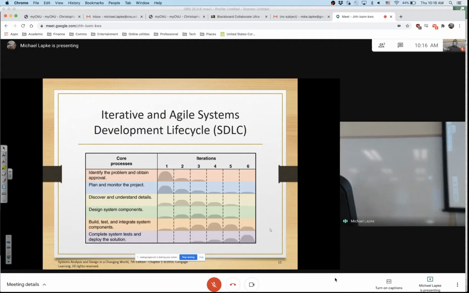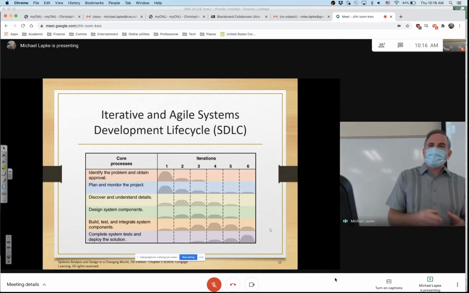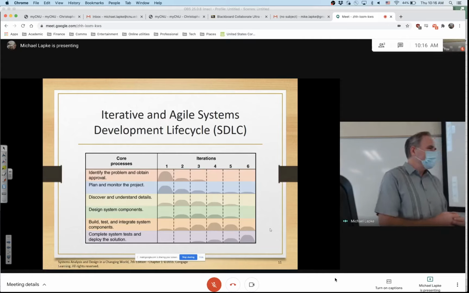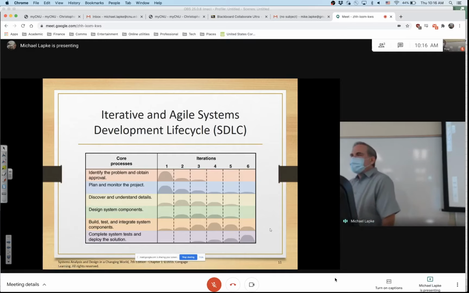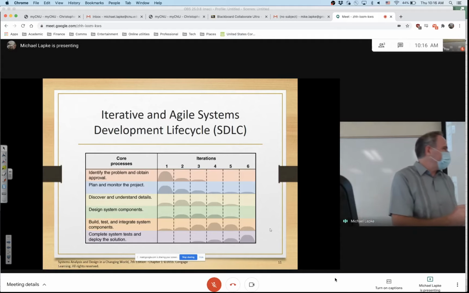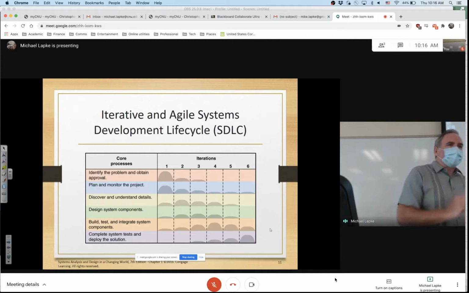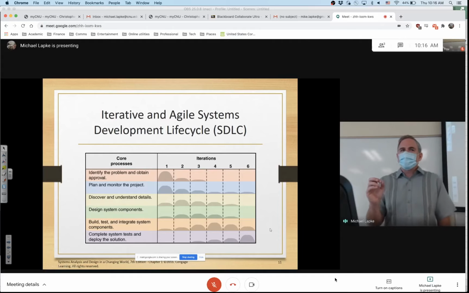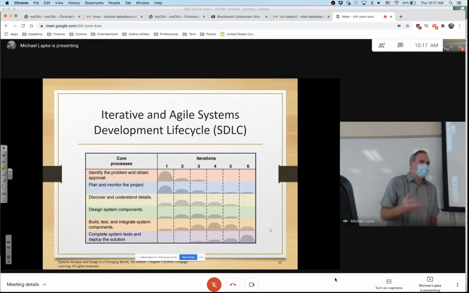Do we have approval for how long this is going to take? These types of things. You also start to think about, initially, I'm going to touch base with some of the potential users and see, is this something that would work for them? Design a little bit, maybe create a quick structure chart or a data flow diagram or maybe even an entity relationship diagram. Just start to touch on it a little bit. And then maybe build a small prototype in iteration one, a very, very small, limited prototype that represents 1 to 5% of the entire system.